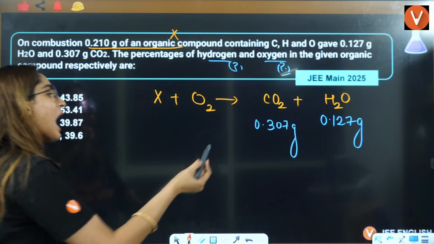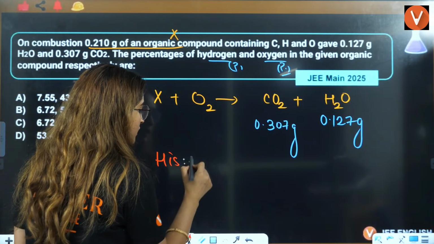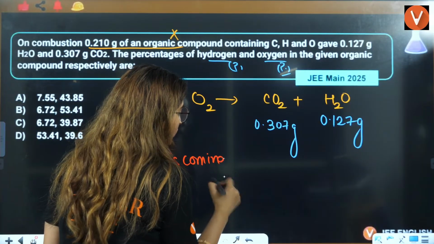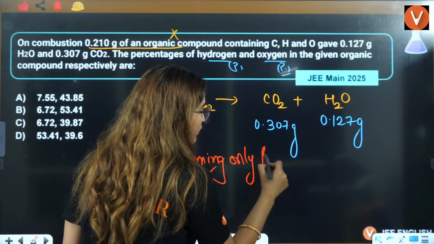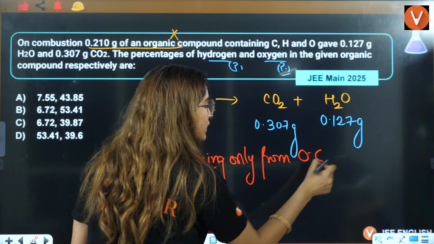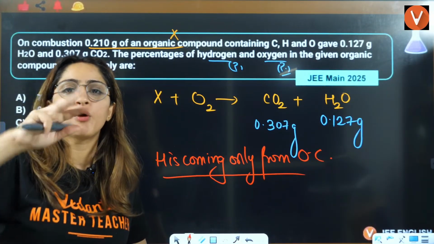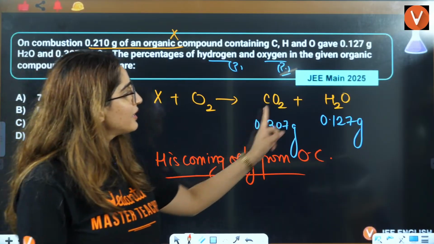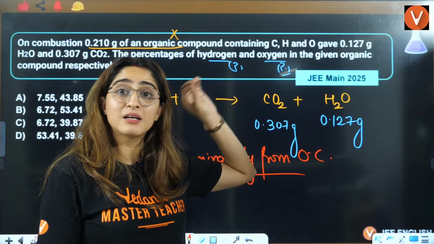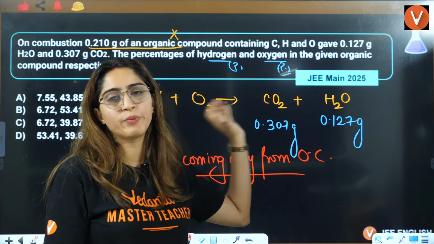Hydrogen is coming only from the organic compound. You are not adding hydrogen from outside. So the gram of hydrogen here will also be here.